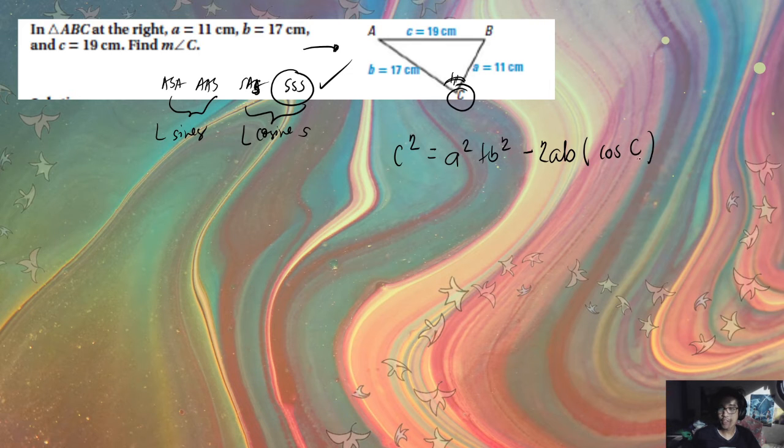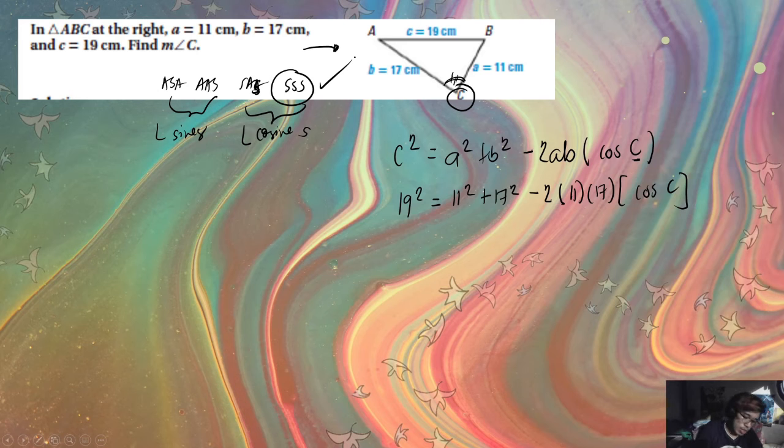We have to find C here on this problem. Since we know that C is equal to 19, let's write that down. So 19 squared is equal to 11 squared plus 17 squared minus 2 times 11 times 17 multiplied by cosine of C. Let's evaluate on our calculator. 19 squared is 361. 11 squared plus 17 squared, that's 410.